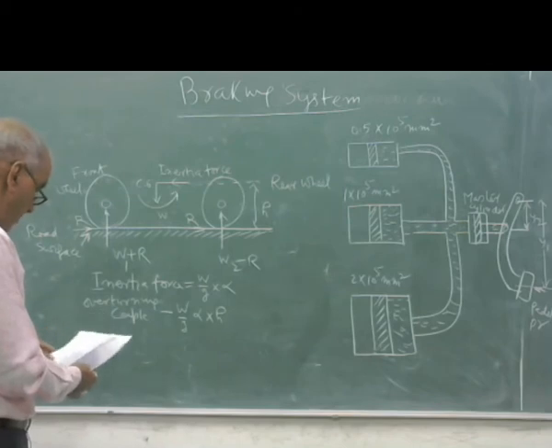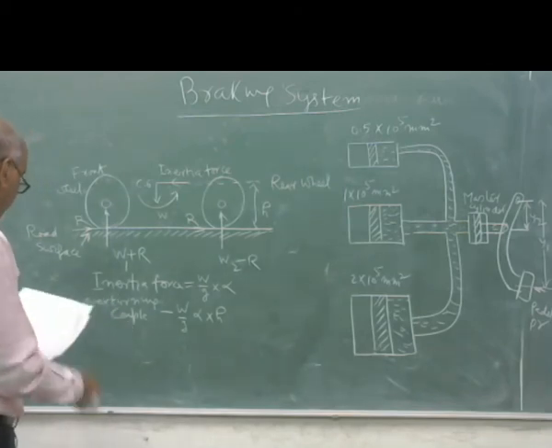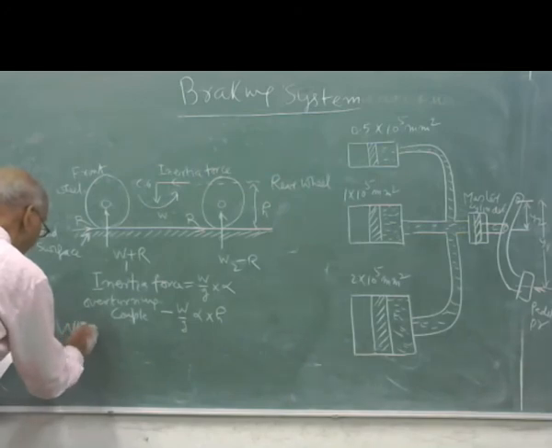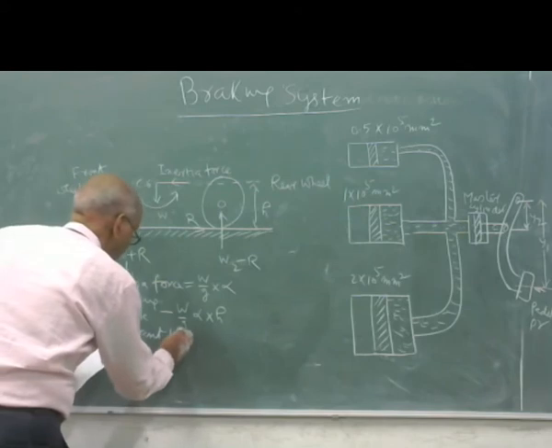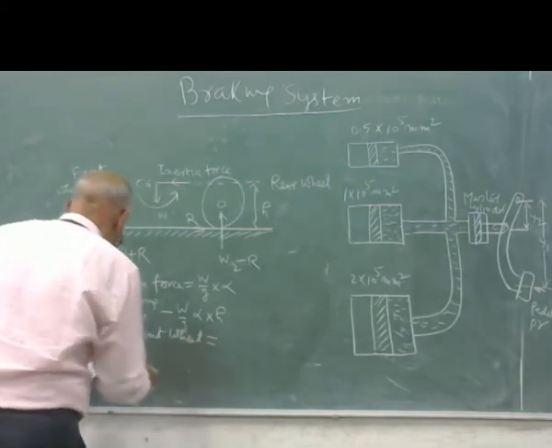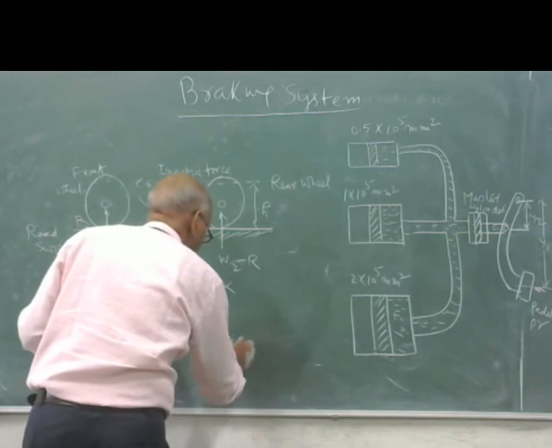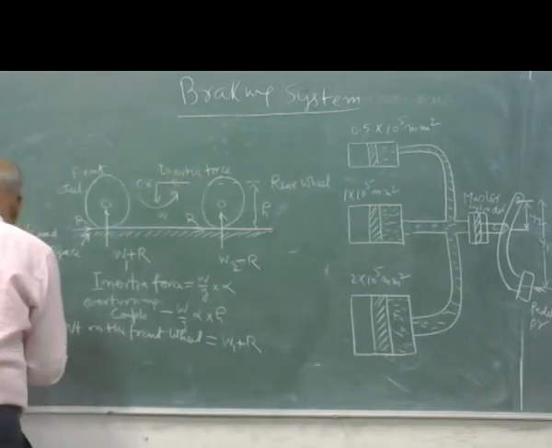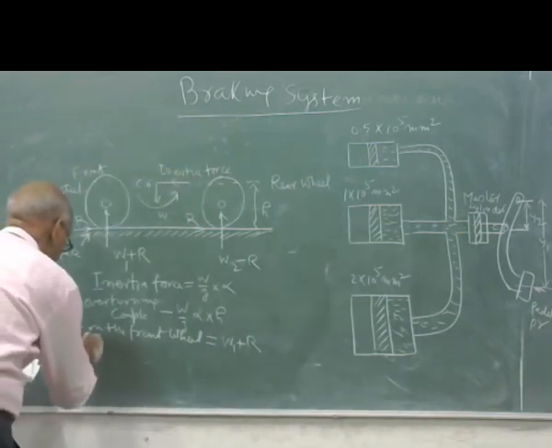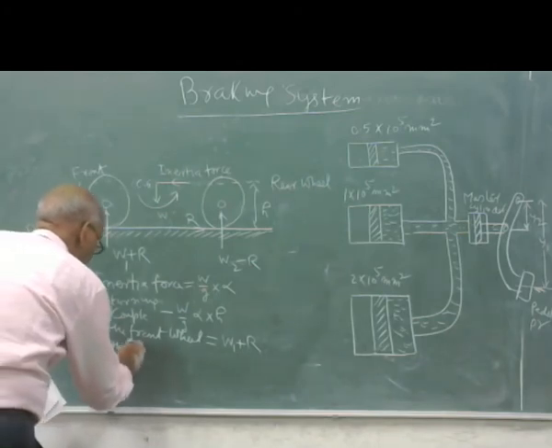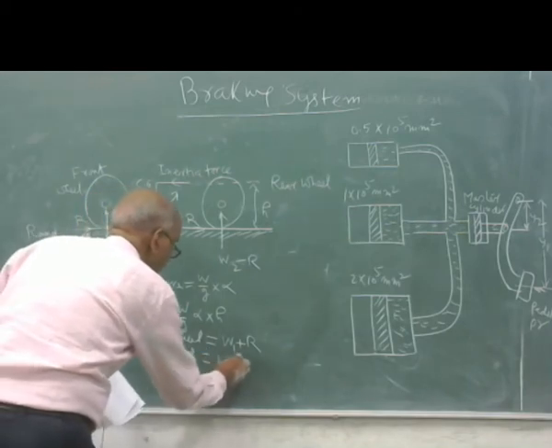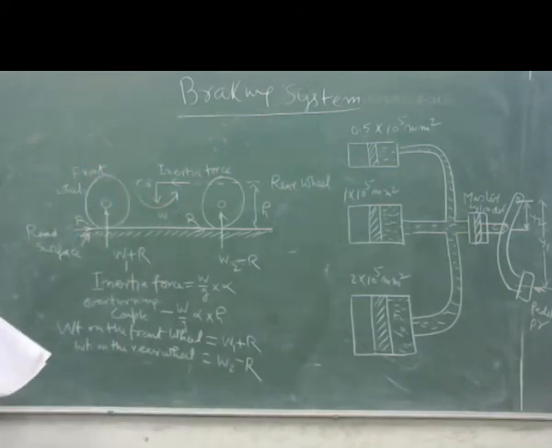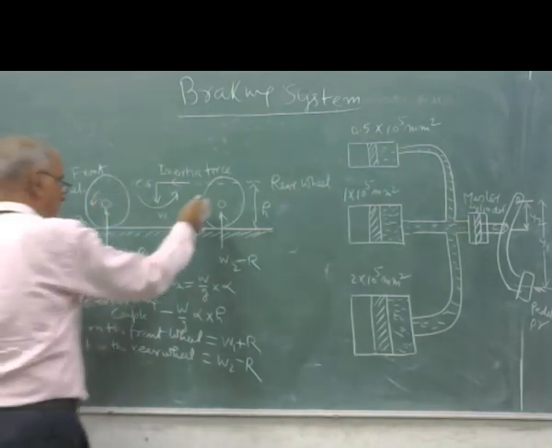So the weight on the front wheel will be given by W1 plus R, and the weight on the rear wheel is given by W2 minus R. Okay? So more weight is transferred on the front wheel than on the rear wheel.